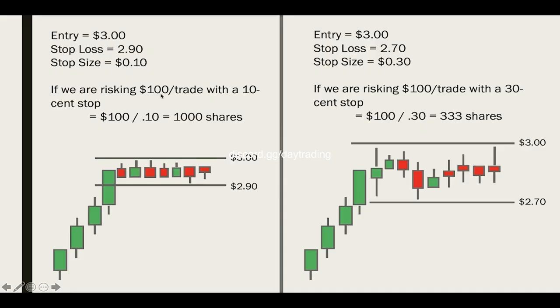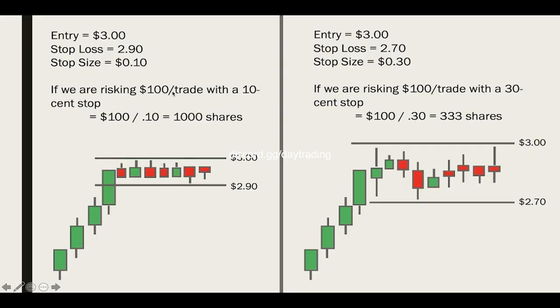If we are risking $100 on both of these setups, meaning $100 is the maximum amount that we could lose for this trade, like we can't lose more than $100, what are we going to do? We have to size our shares accordingly.